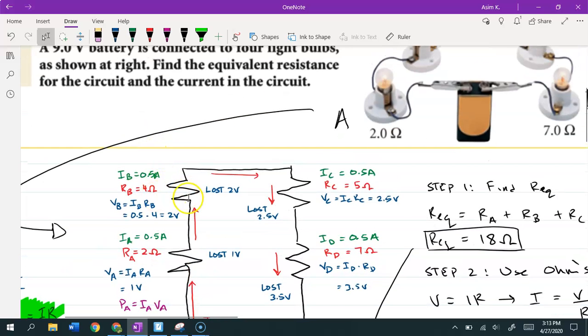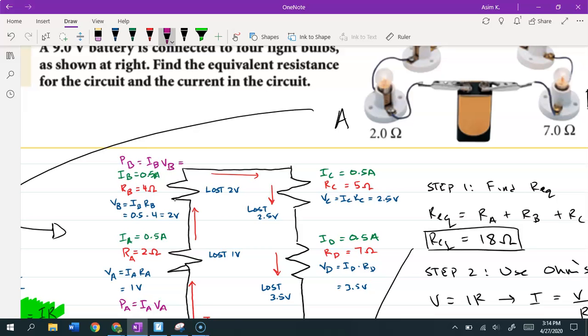Now, we'll go to the next bulb, the one that's considered the 4 ohm resistor. For this one, let me calculate it up here. So power through B is going to be I_B V_B, right?